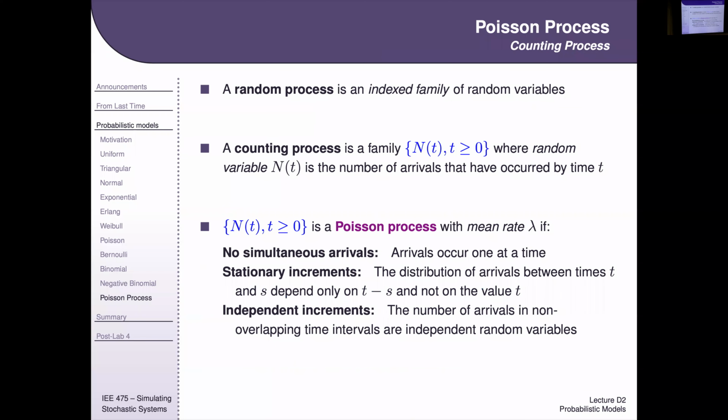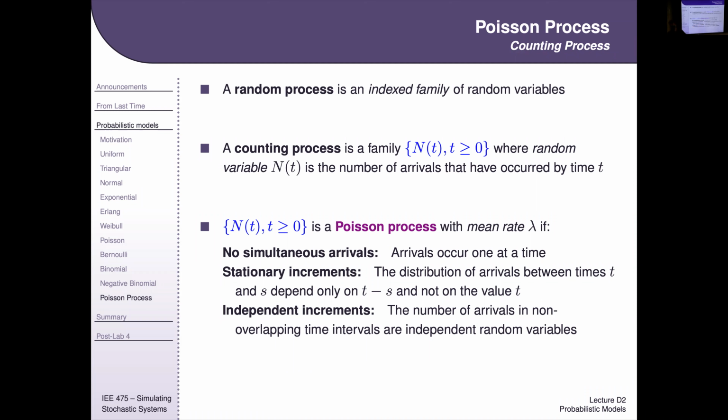All right, so the last thing that I want to make sure that we cover is, all of these things so far have been what we call random variables. There's another concept we need, which is the random process. A random process is what we call an indexed family of random variables.